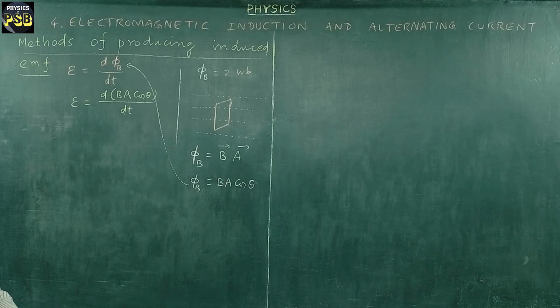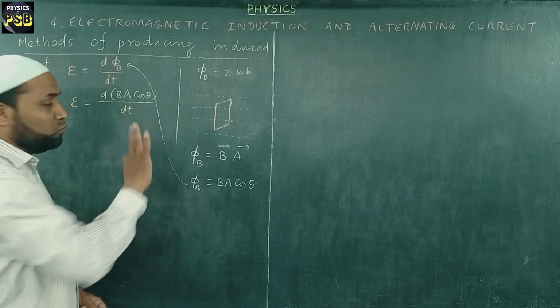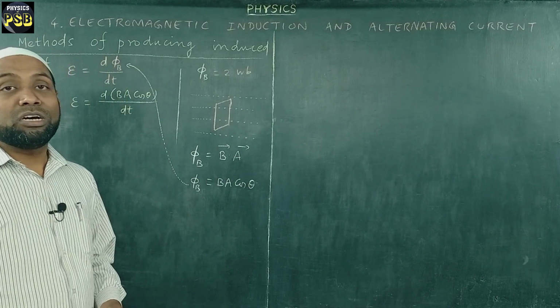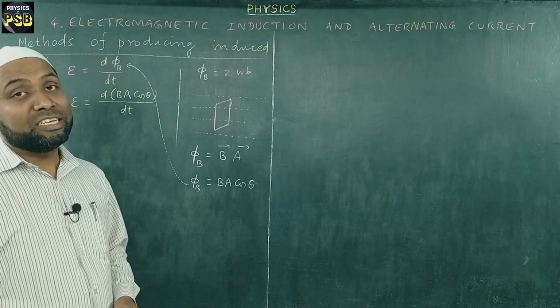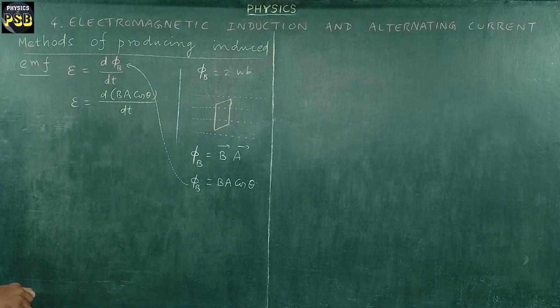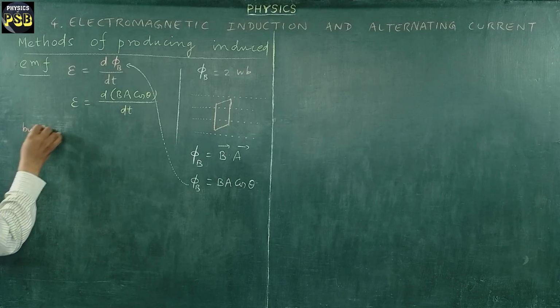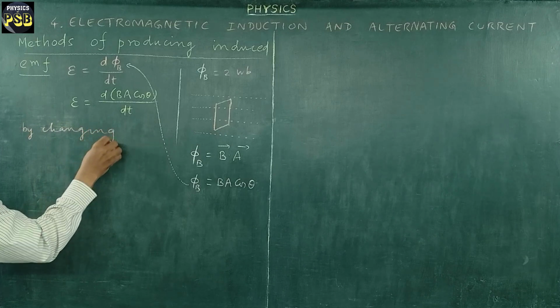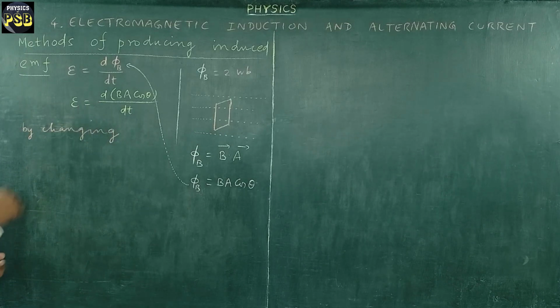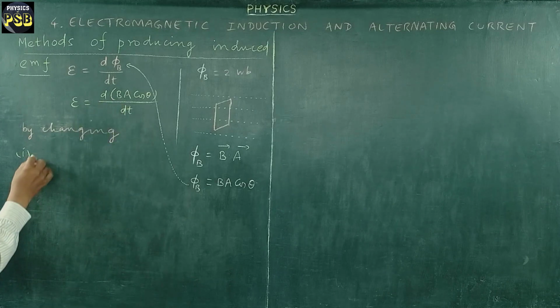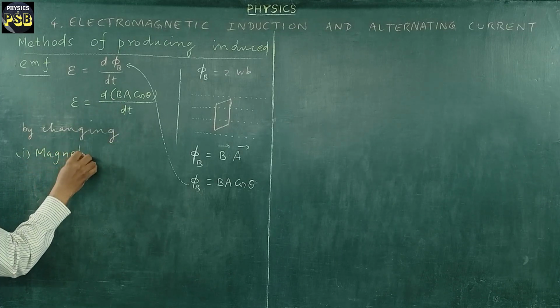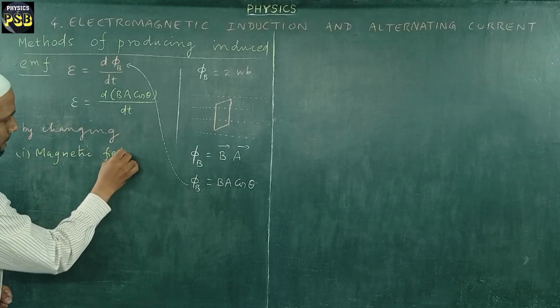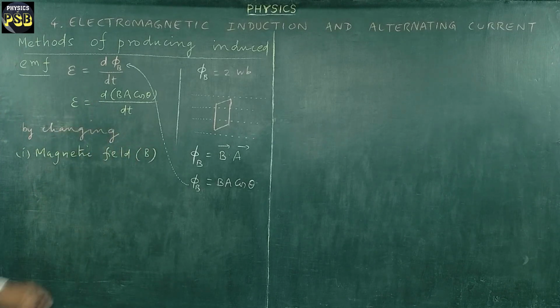This equation, what we have obtained, clearly shows that the magnetic flux in a circuit can be changed by several methods. Currently speaking, by 3 different methods to induce EMF in a circuit or coil. Now, what are they? First, EMF is induced in a coil by changing the magnetic field B. According to this equation.